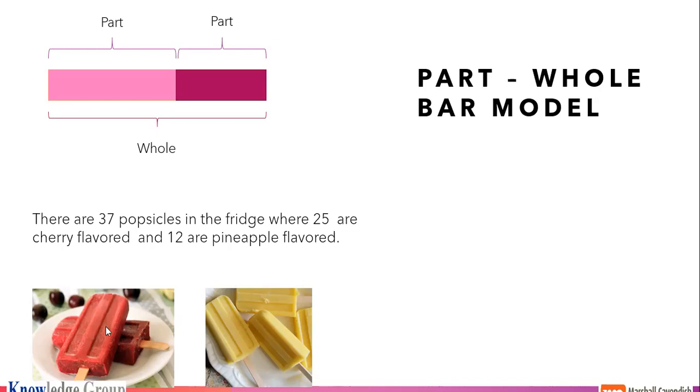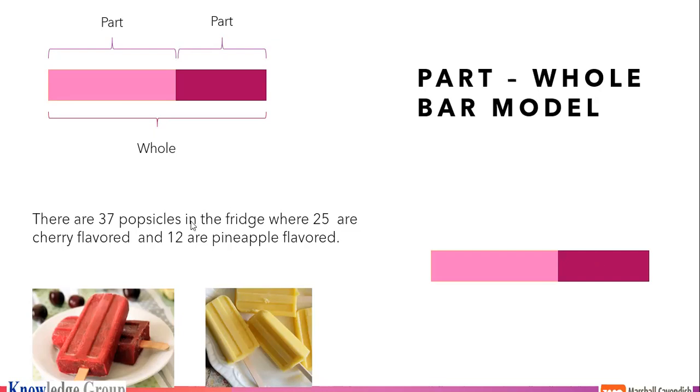If I want to represent this information in a bar model, I'm going to draw a bar. It's divided in two parts. Why? Because I have two parts, two flavors.